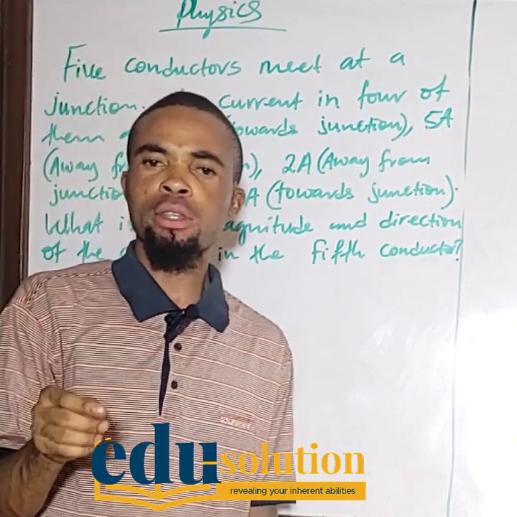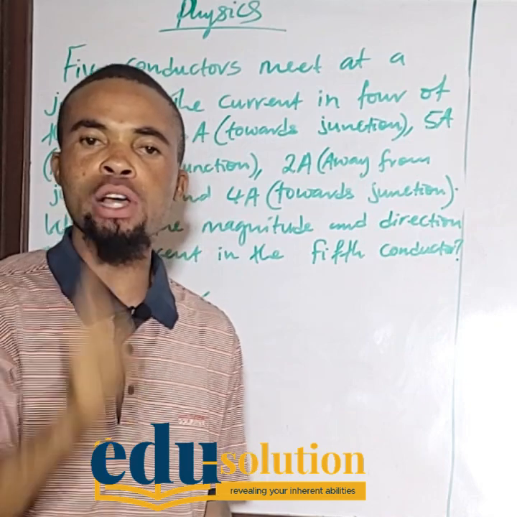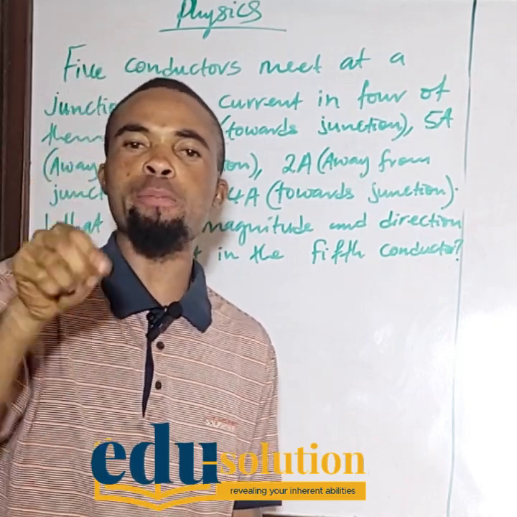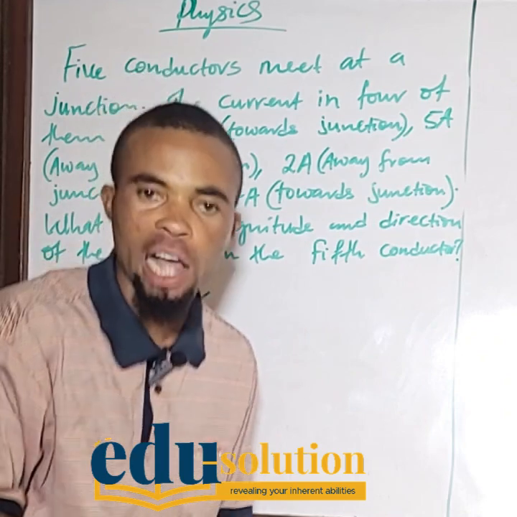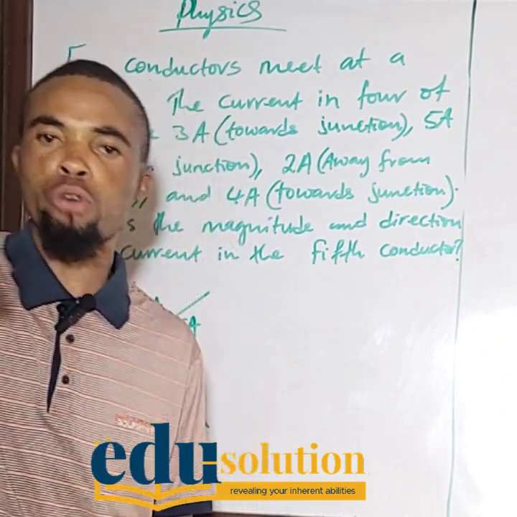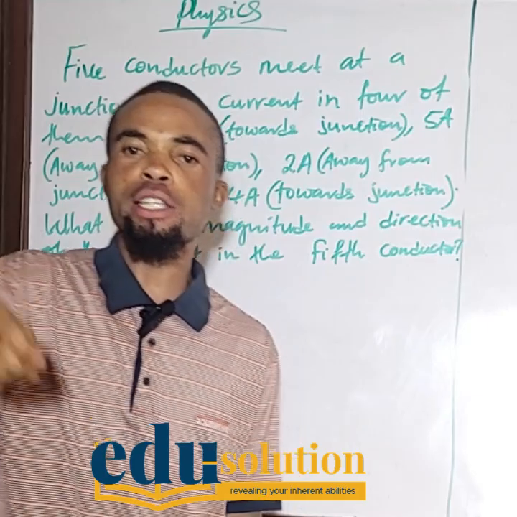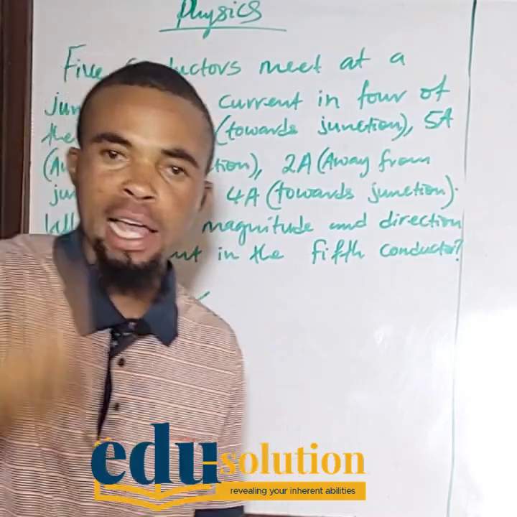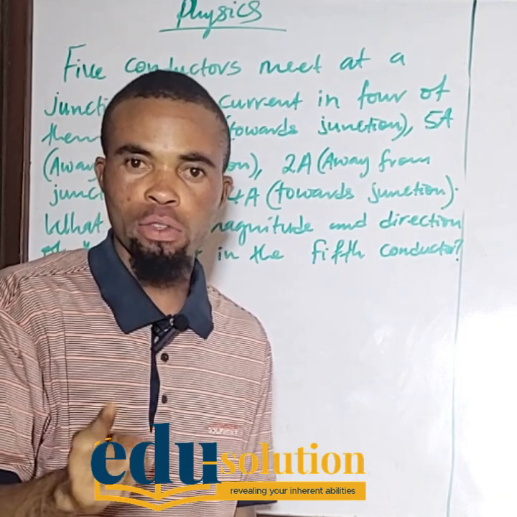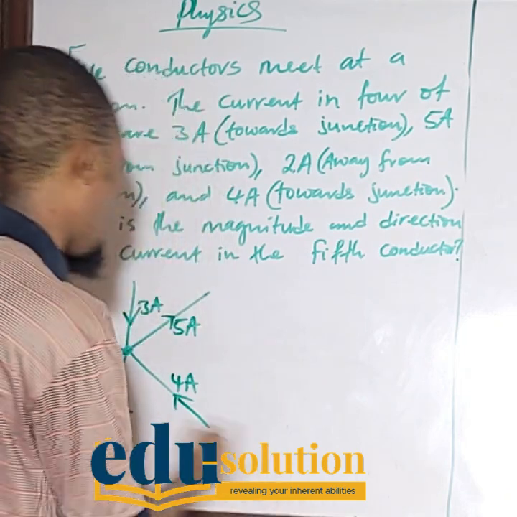Just to quickly add, Kirchhoff's first law or current law deals with the principle of conservation of charge. You may be asked that in exam. Kirchhoff's voltage law deals with the conservation of what? Energy. That of the current deals with what? Charge. And that of the voltage deals with what? Energy. Back to our question.